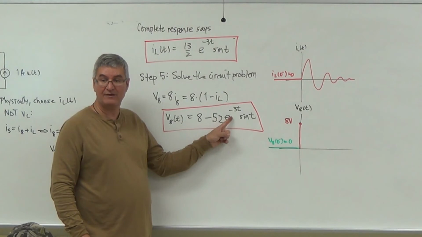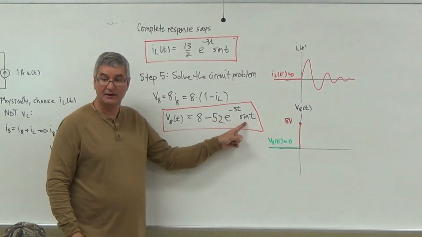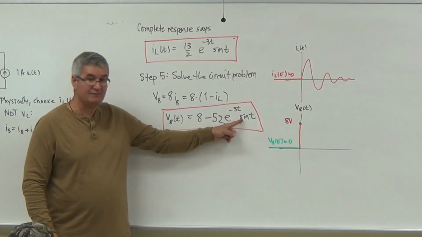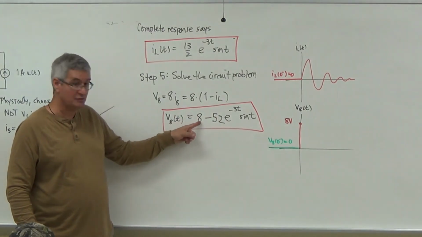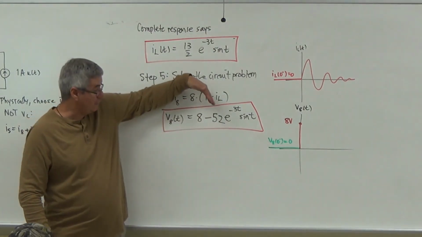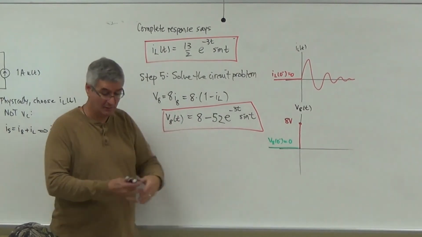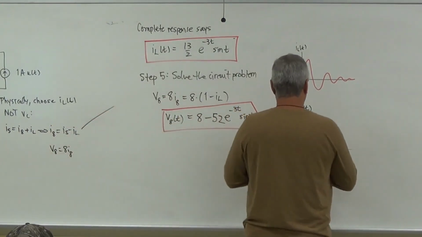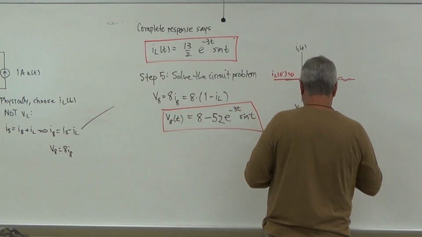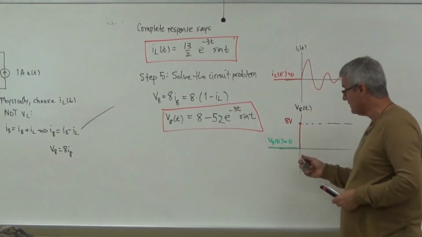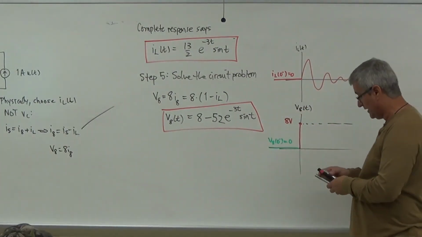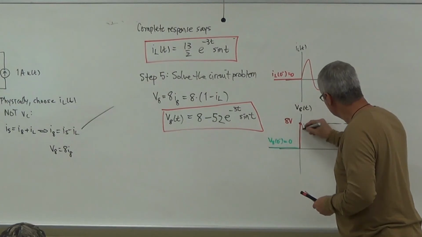The thing driving this is the smallness of sine. But I'm assuming this sine value is going to be larger than this one, so I'm going to get a downward pulse here. If I look at this, I don't know where the minimum is going to come, but I would expect this to go something like this.